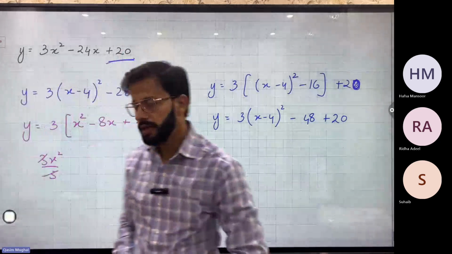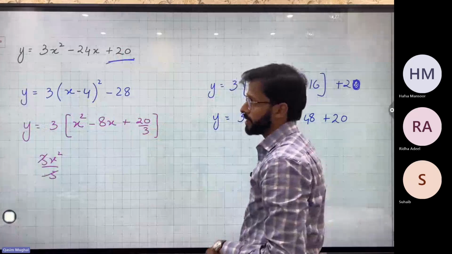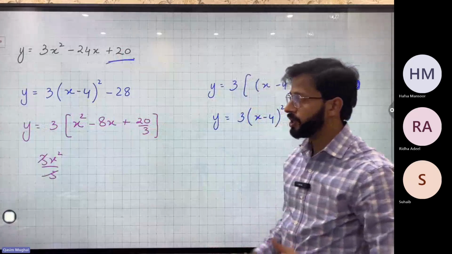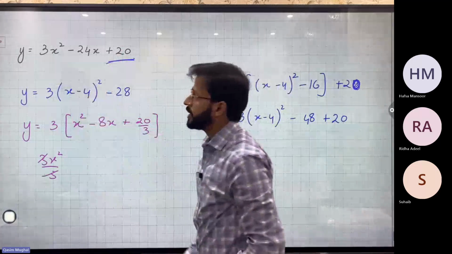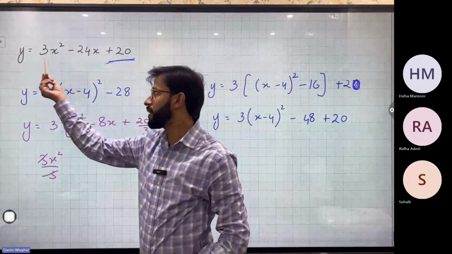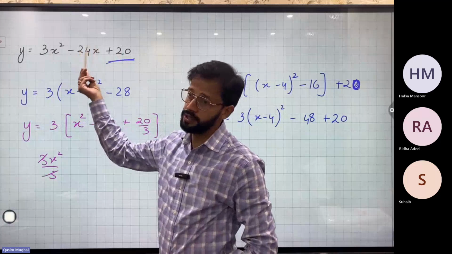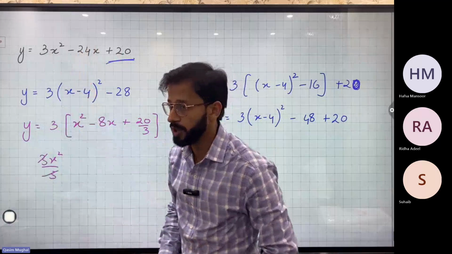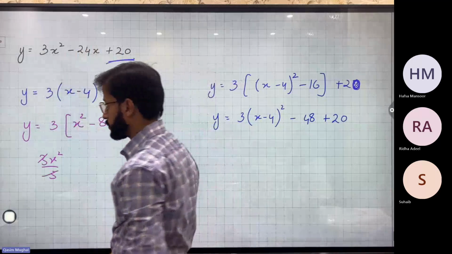Okay? यहाँ तक clear है? इसी concept को सामने रखते हुए, as I stated earlier, in the process of completing the square, only the first 2 terms are involved. If you have a coefficient of x squared which you are taking common, which is not a factor of the coefficient of x, तो उसका फिर common लेना. अभी यहाँ पे तो आपने 3 common लिया. 3 was a factor of 24.